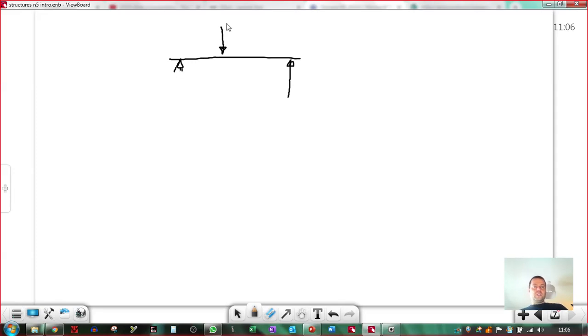Two forces acting on it: 16 newtons, 32 newtons. Just put a couple of distances on here: 14 meters, 20 meters. And the question in this one would be, what is the total moment? What is the moment on this beam?